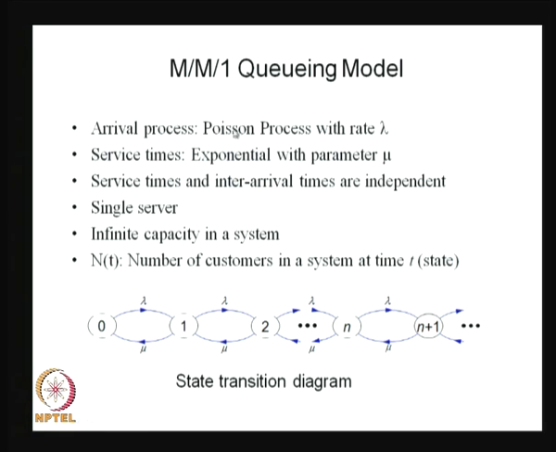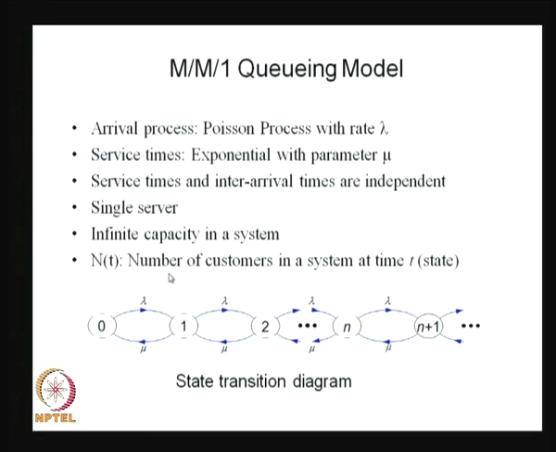Since inter-arrival time is exponentially distributed and the service time is exponentially distributed and both are independent and the service time is also independent for each customer, this stochastic process satisfies the memoryless property at all time points. Therefore, it is discrete state, because the possible values of N(t), since it is a number of customers, are 0, 1, 2 and so on, countably infinite.